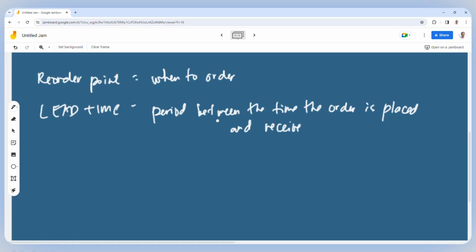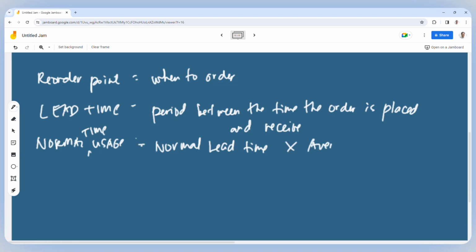Yes, no? We have also here, tinatawag din natin normal time usage, no? How do we compute for this, no? Normal lead time to be multiplied by your average usage, no?